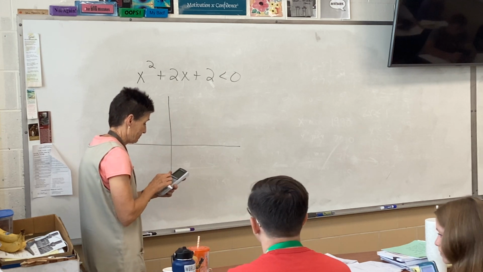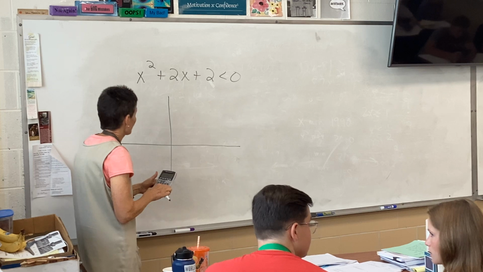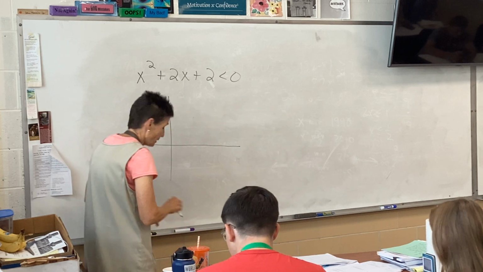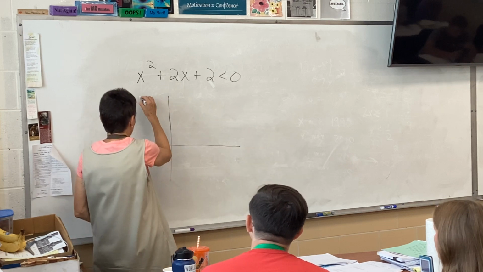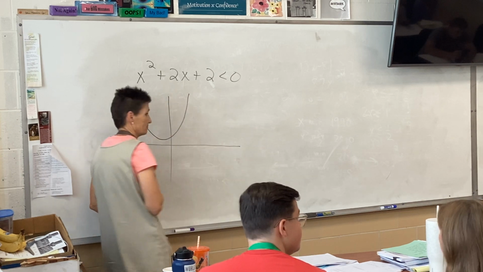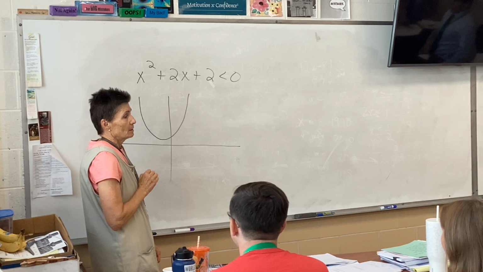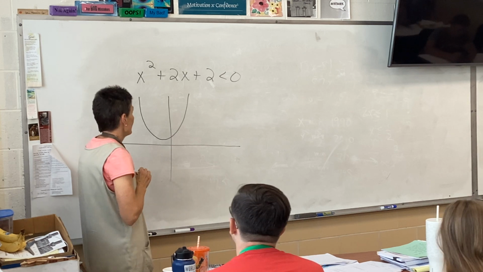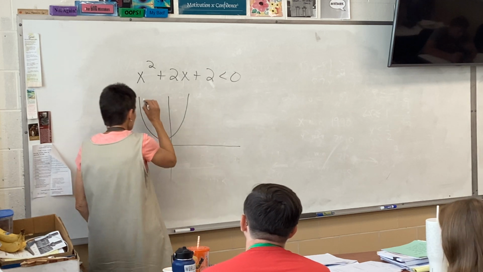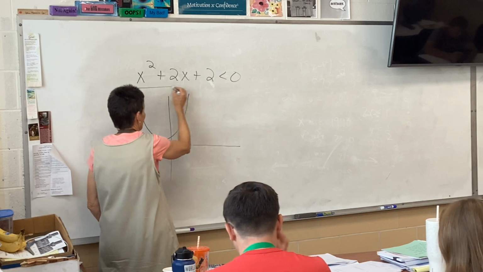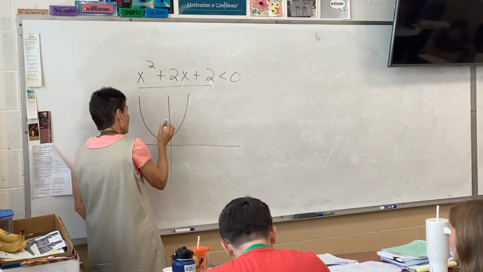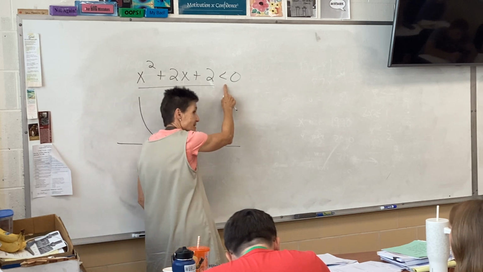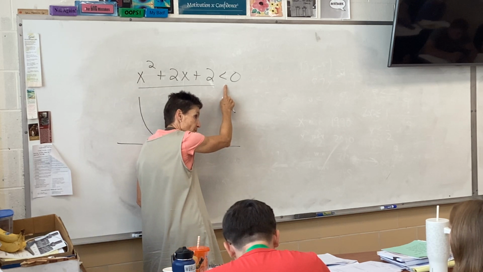And now what did you get? I got something that looks like this. This parabola, that's this guy right here, this parabola, I want to know, where is this parabola less than 0?